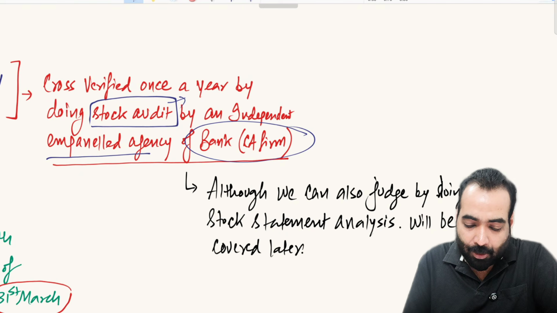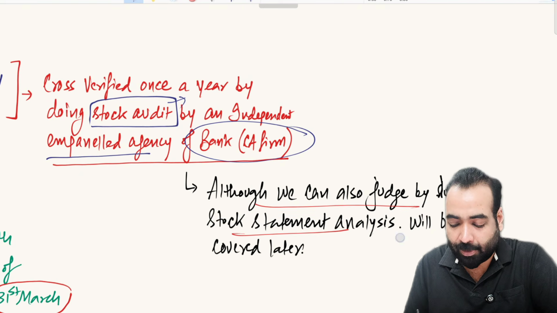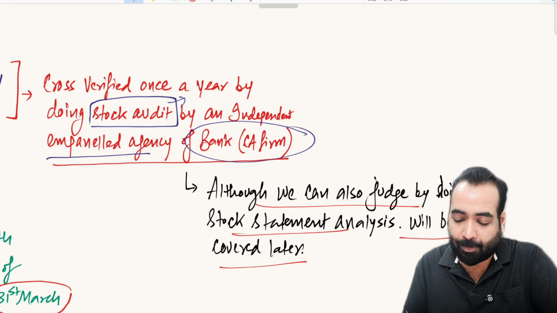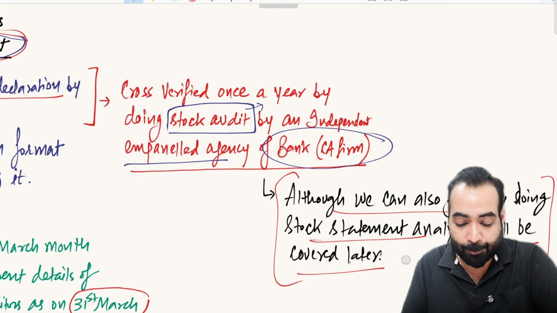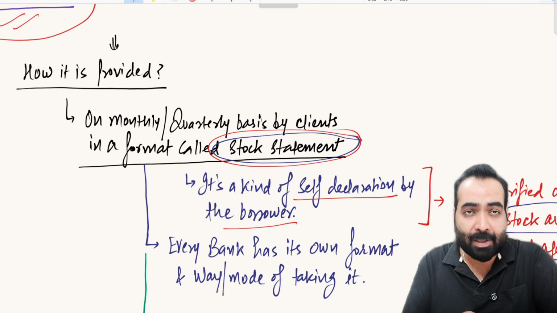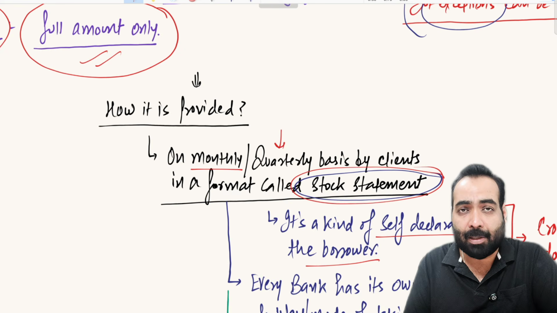So although you can also analyze the monthly stock statement given by the borrower, and you can also check whether these are genuine or not, this is a point that we will discuss in a totally separate video, right? So the borrower gives a stock statement on a monthly basis, and some banks even allow quarterly stock statements as well.